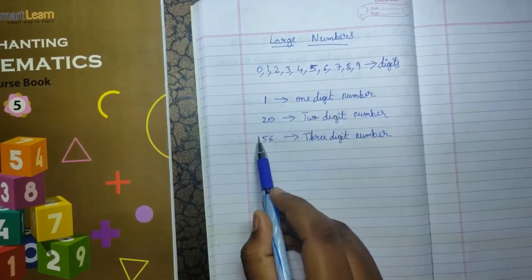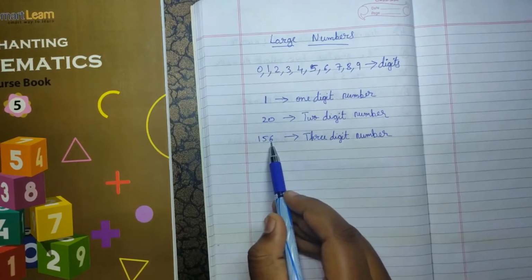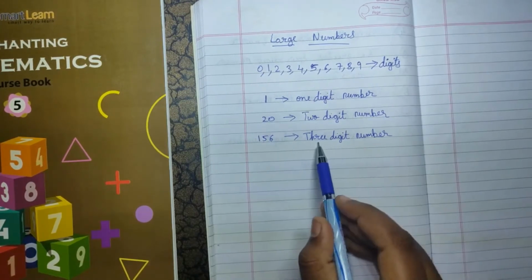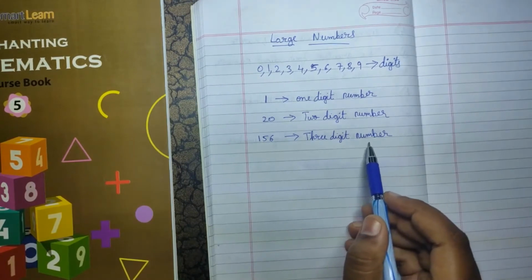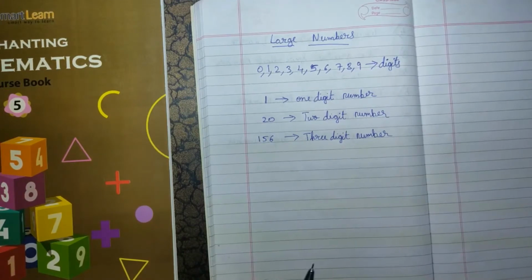Why? 1 is there, 5 is there, 6 is there in this number. There are 3 digits in this number, so I am calling it a 3 digit number. The same thing will continue. We will have 4 digit, 5 digit, 6 digit, 7 digit, 8 digit, 9 digit numbers also. Sometimes we will even have 10 digit numbers. Understood?